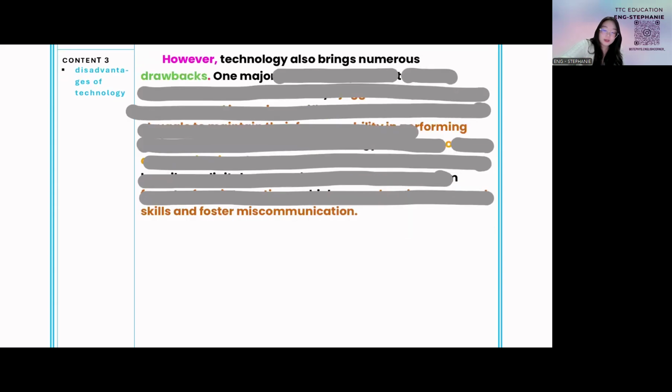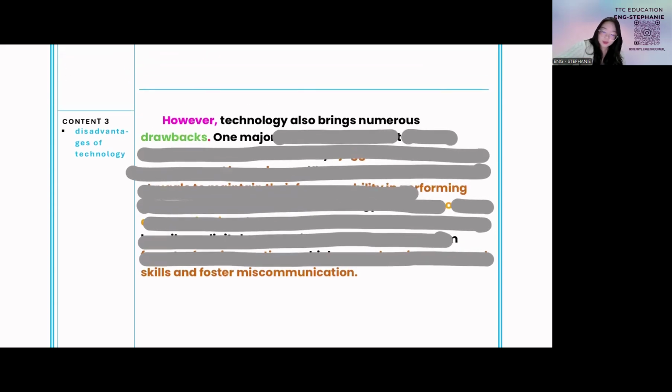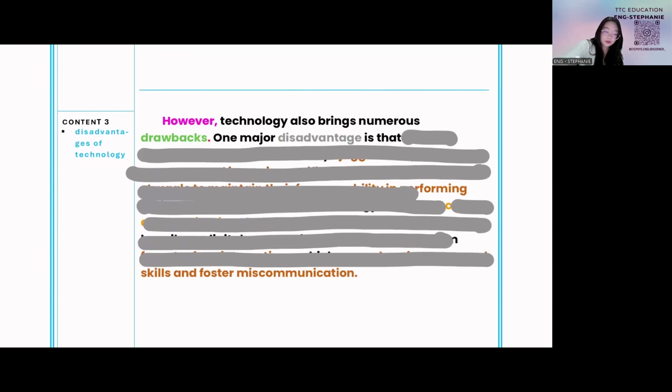One major disadvantage, we can change to another word.